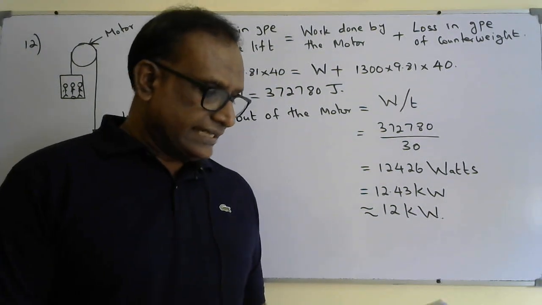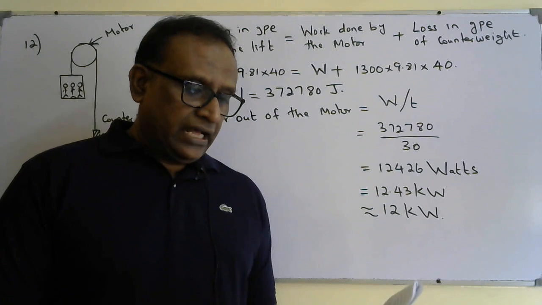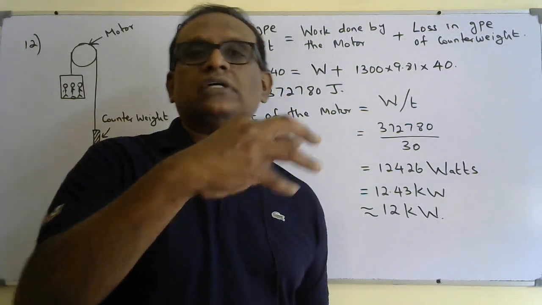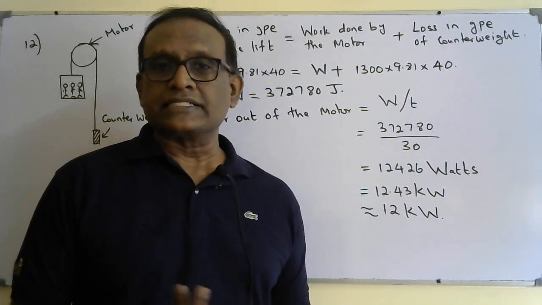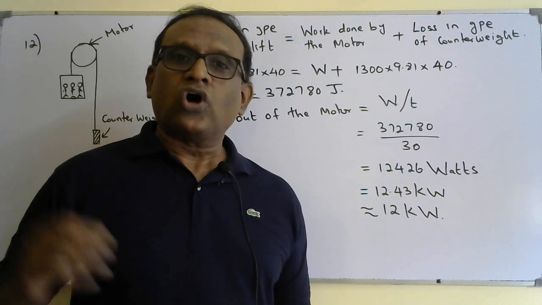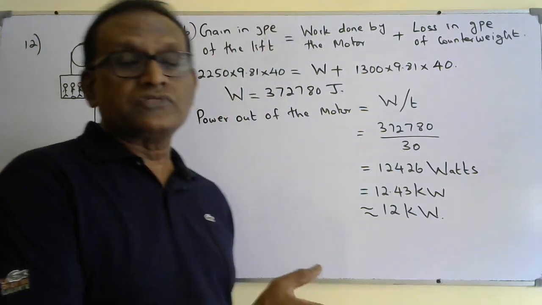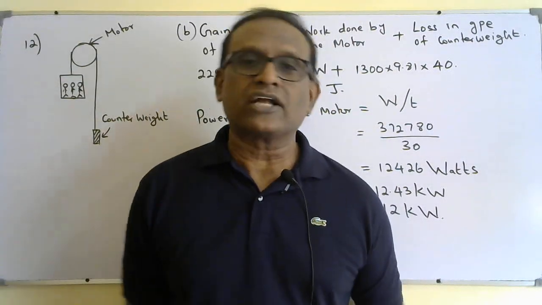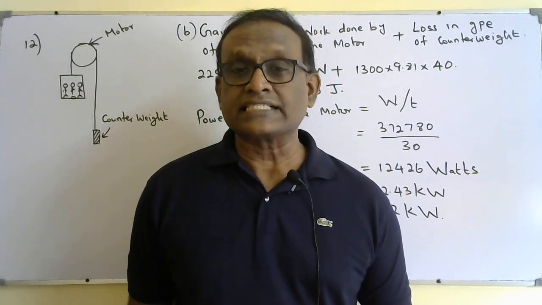Okay, C part. The electric motor dissipates energy to the surroundings at a rate of 3600 watts. So the electric motor, you are giving input electrical energy, or electrical power, energy per second is the power. Out of that, not all the energy given as electrical energy will be the useful output energy, because a certain amount of energy will be lost to the surroundings in the form of sound and heat. That is 3600 watts.